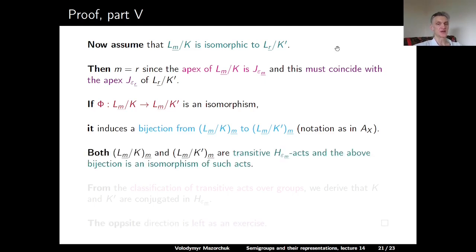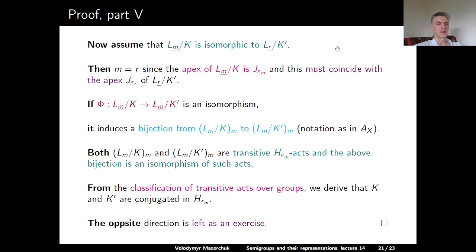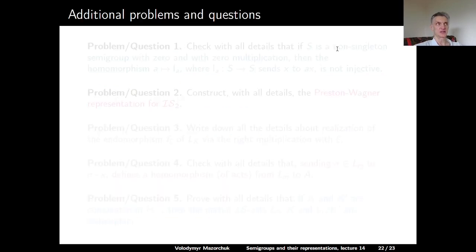Both these sets are transitive acts for the group H sub epsilon m underlined, and from our classification of transitive acts over groups, it follows that K and K prime are conjugated subgroups in our group H sub epsilon m underlined. And the opposite direction is an obvious exercise. This completes the proof. Some additional problems and questions at the end.